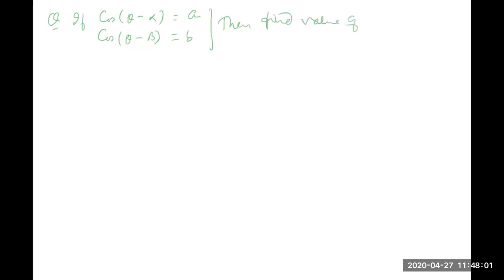So next question is, if cos(theta minus alpha) is equal to A, cos(theta minus beta) is equal to B, then find the value of sin square(alpha minus beta) plus 2AB cos(alpha minus beta).